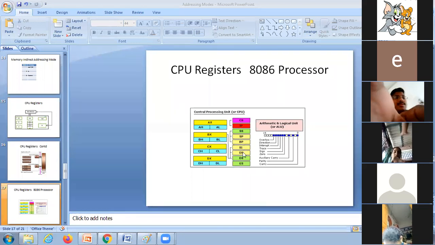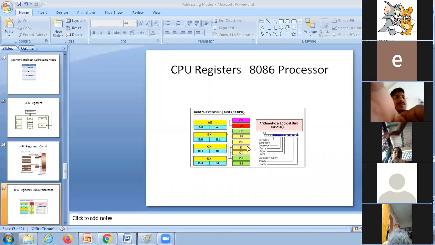Similarly, SI and DI. SI means source index, and DI means destination index. These two are index registers, SI and DI. I think you are familiar with arrays in C: A of 0, A of 1, A of 2, A of 3, like that, A of n.